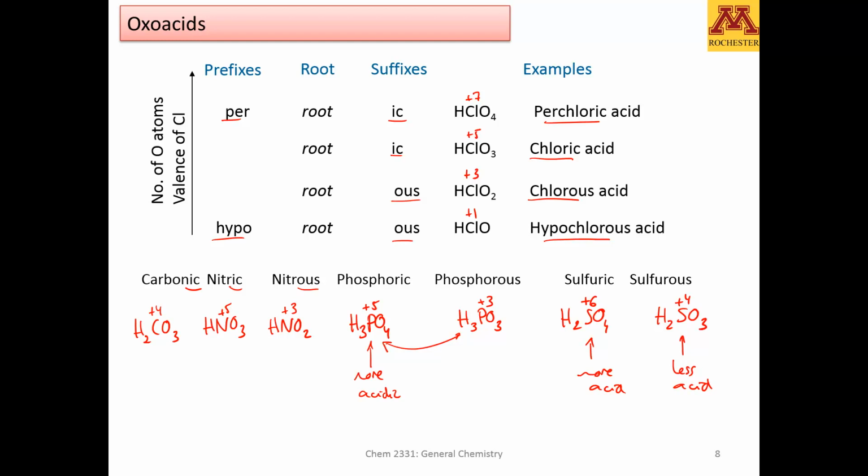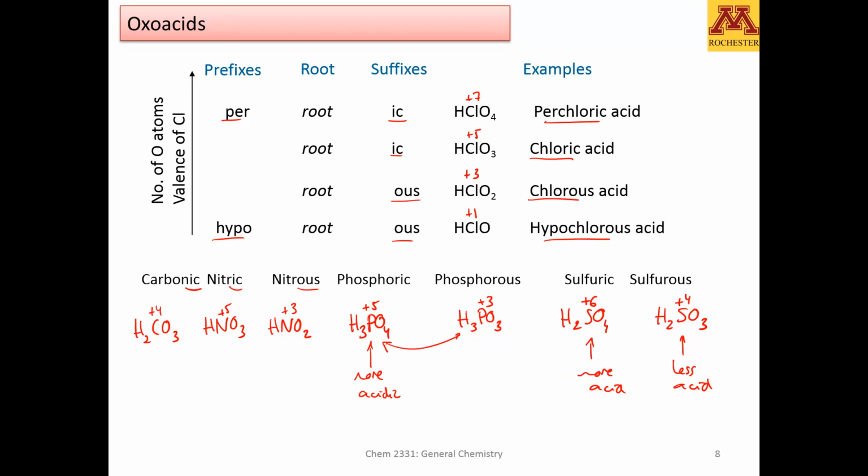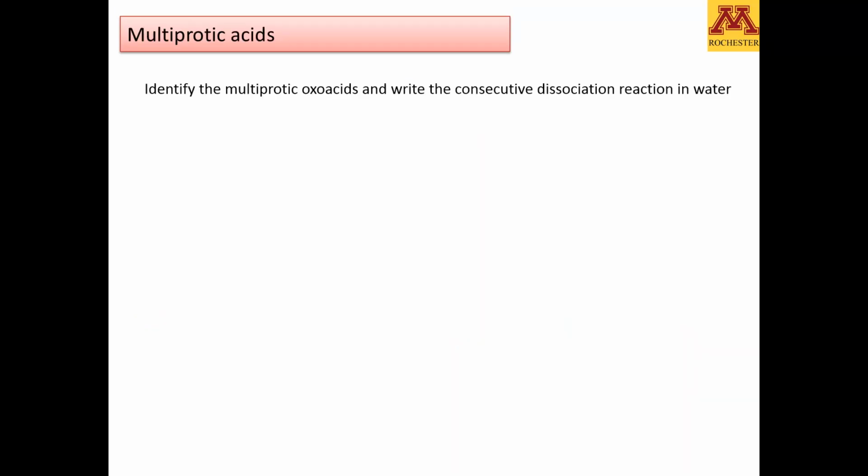Okay, and we will finish this somewhat long video, but it's important to explain the oxoacids altogether by explaining that some oxoacids, if you count here, have more than one proton to deliver. That means that these are called multiprotic oxoacids or multiprotic acids.